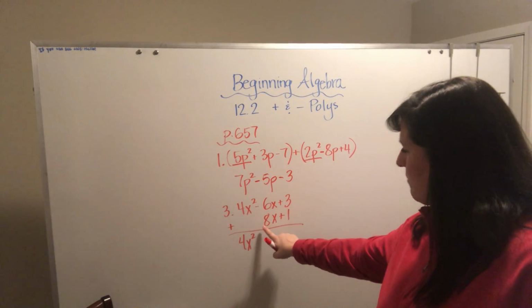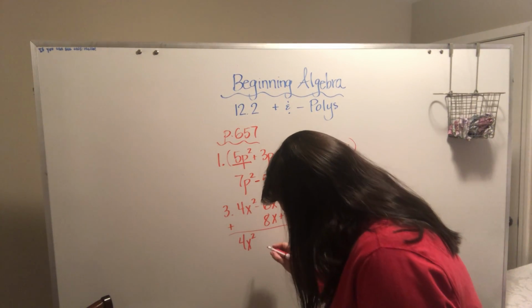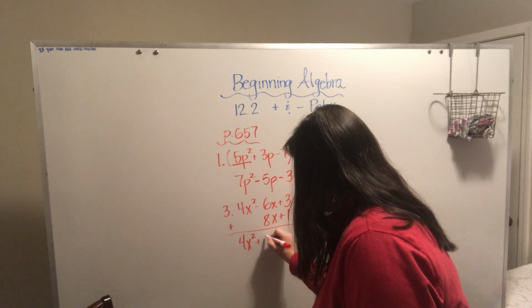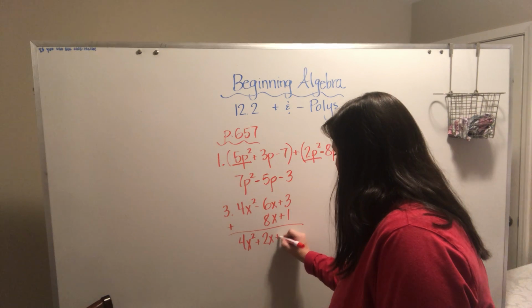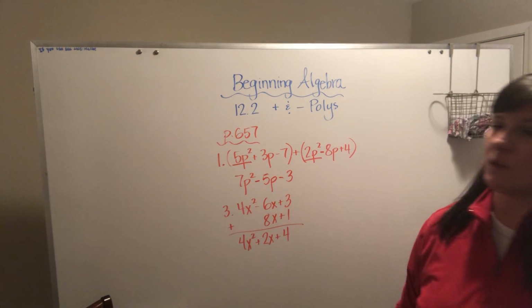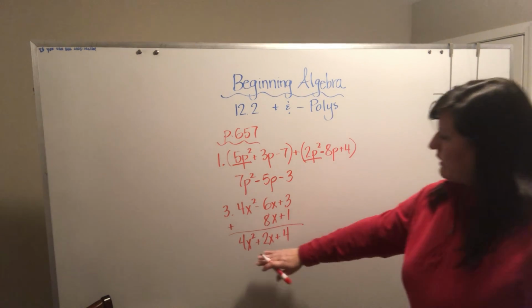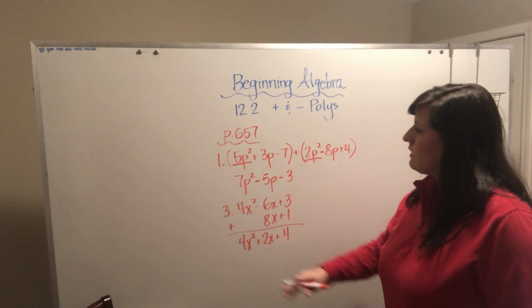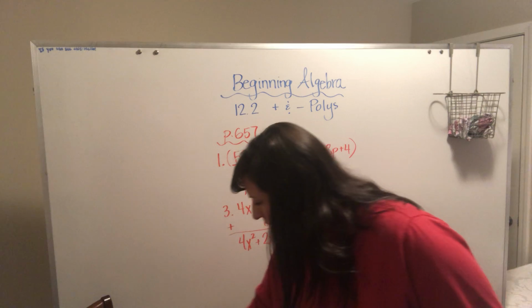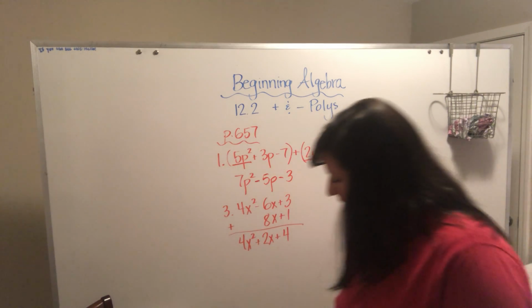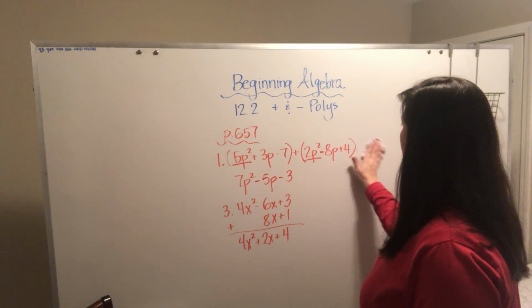Negative 6x plus 8x is going to become 2x. 3 plus 1 is going to be 4. All right? This is the vertical format, putting them one on top of each other. In addition, it's not so complicated. When it gets to be subtraction, it's a little more complicated.